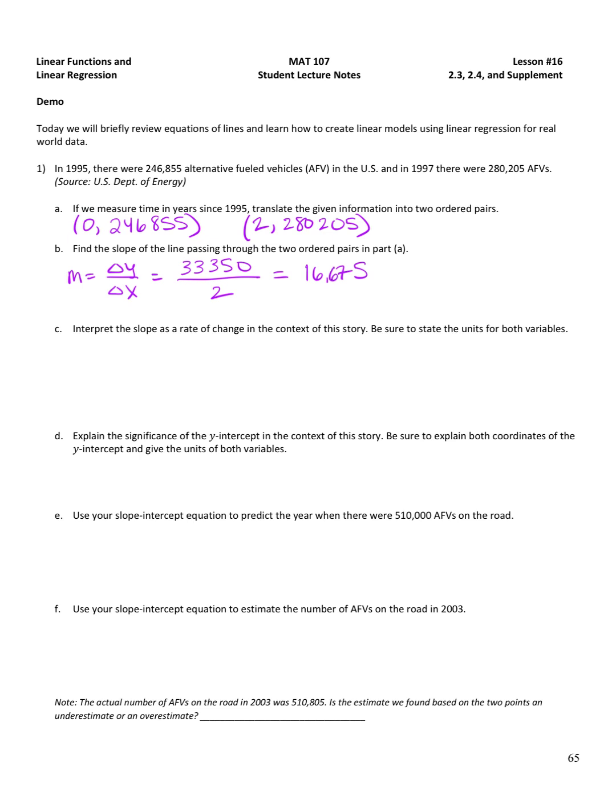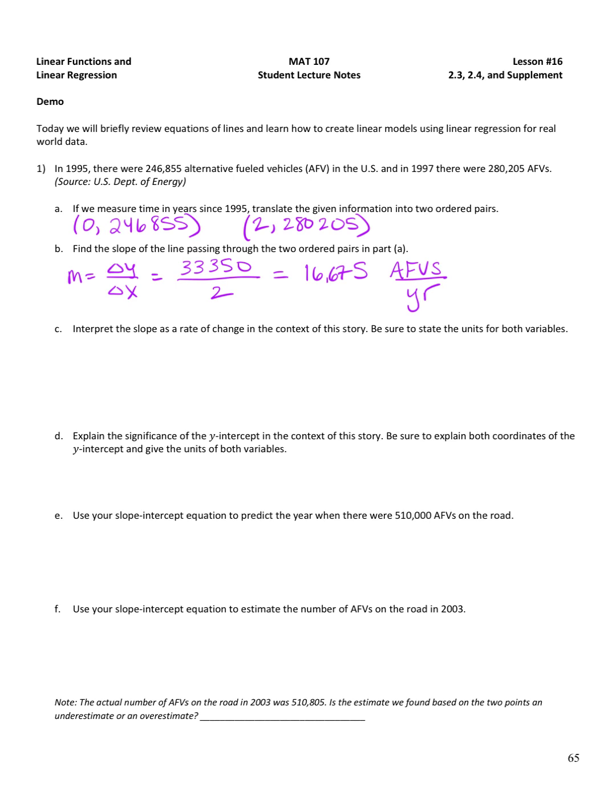Now the units on that are going to be y units over x units. So my y units was AFVs. Okay, these were all time, comma, AFVs. So AFVs per, my x units were time, so year. 16,675 AFVs per year.